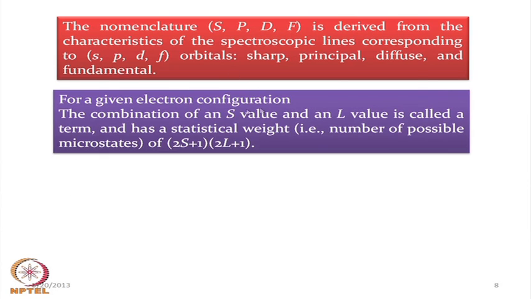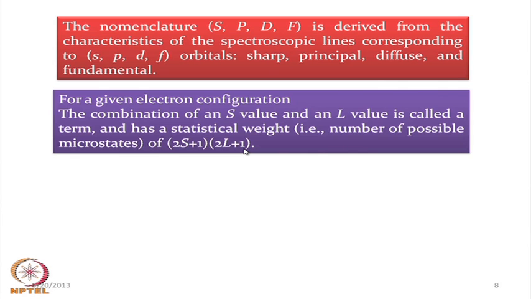So, for a given electronic configuration, the combination of an S value and an L value is called a term. A particular term has one particular S value and one particular L value and has a statistical weight, that is the number of possible microstates, known from 2S plus 1 into 2L plus 1.